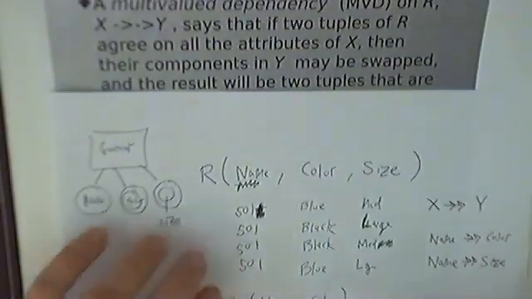So what it basically says is this. Maybe the easiest way to do this would be this. Let's say that I also have in here 501, blue, small.